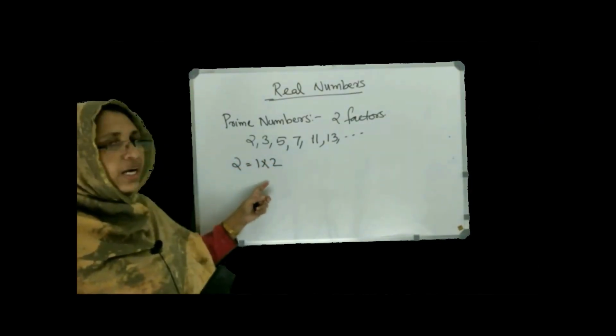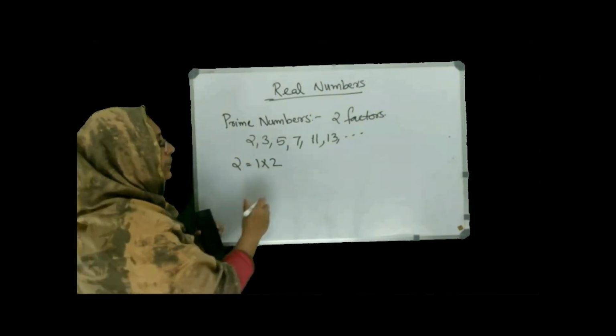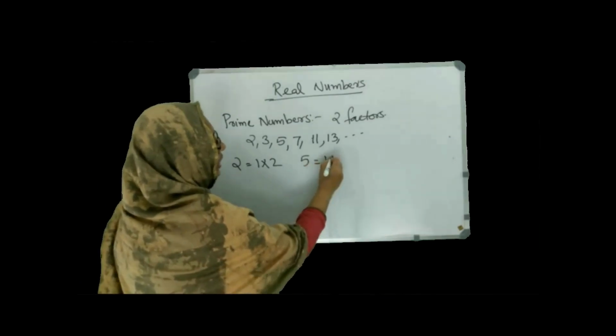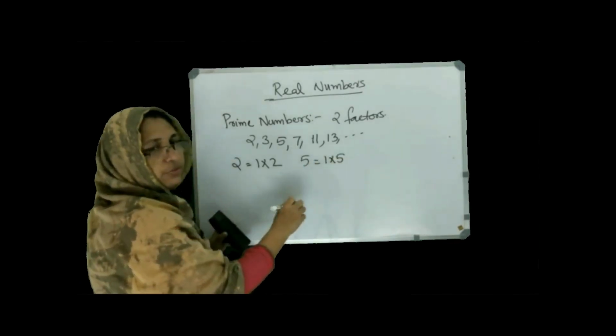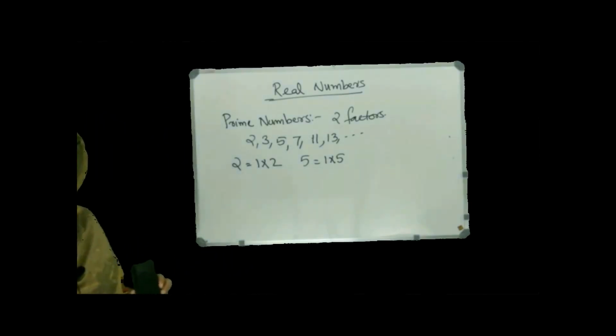Factors of 2 are 1 and 2. 5 equal to 1 into 5. Factors of 5 are 1 and the same number.